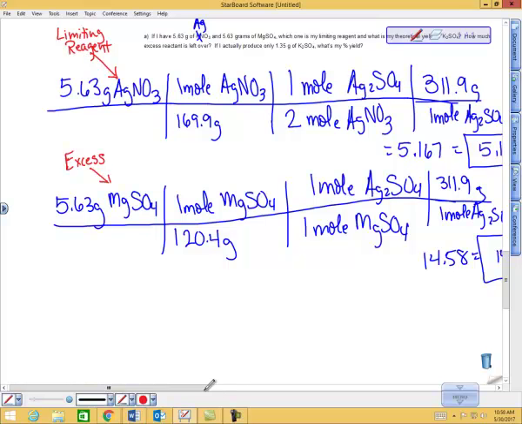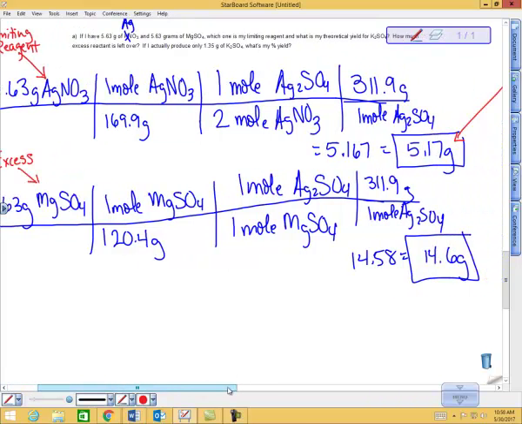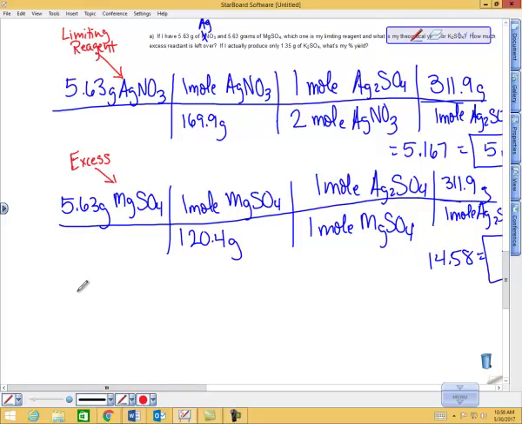We know that we made 5.17 grams of the silver sulfate. The question is, how much magnesium sulfate did it take to make that specific amount? We did not use all of the 5.63 grams of magnesium sulfate, but we did use some of it. So we're going to work a problem going back to figure out how much we actually used.